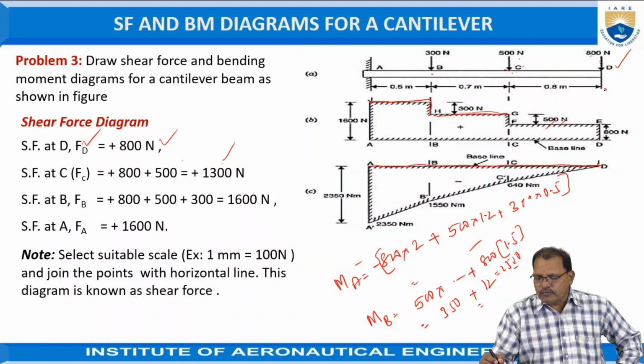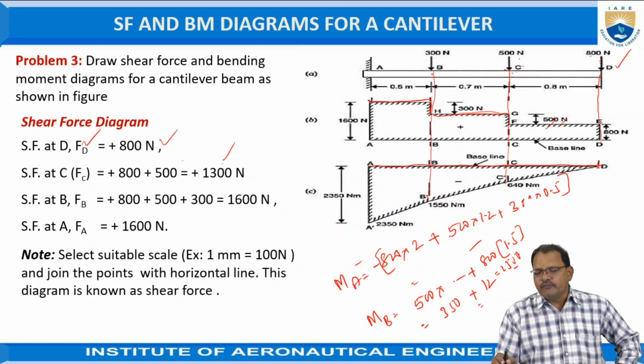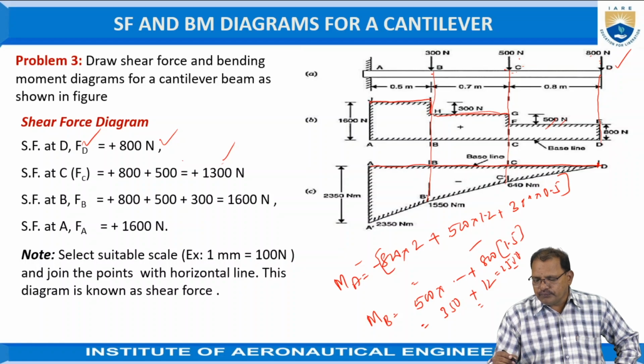So, first of all, while drawing the bending moment diagram, draw a horizontal line equal to the length of the beam as shown in the figure. Draw vertical lines passing through the points at which the loads are acting. Now, the bending moment at the free end is equal to 0. At C we already calculated it, which is equal to 640. So join these points by straight lines.